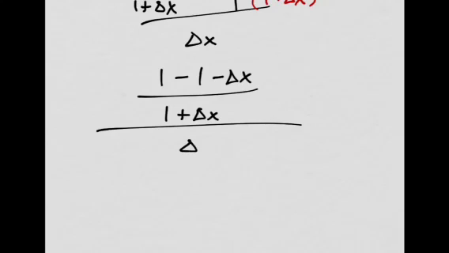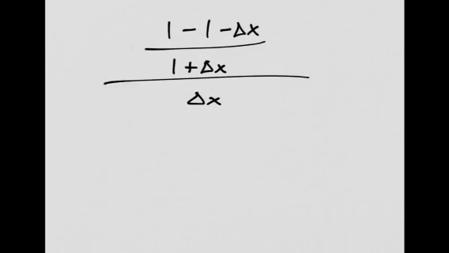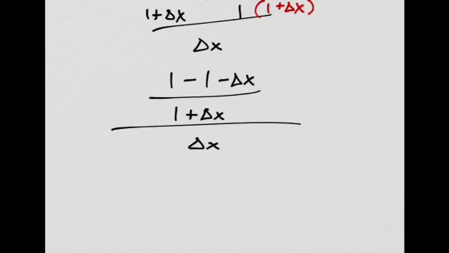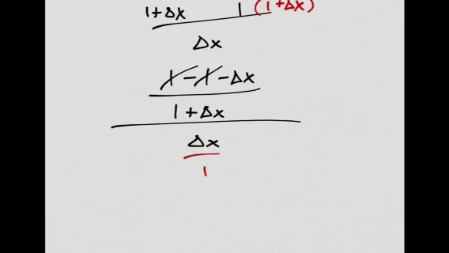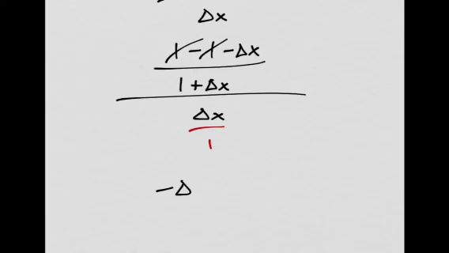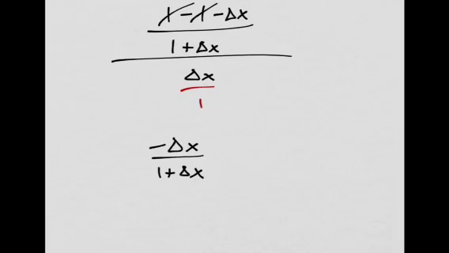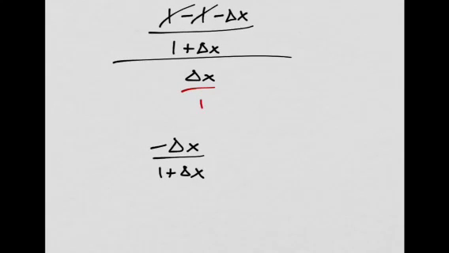divided by delta x. I'll simplify the numerator of the first fraction, and I'll also make this into a fraction. So I have 1 minus 1 goes away, negative delta x over 1 plus delta x, and then I'll flip the second one and multiply.